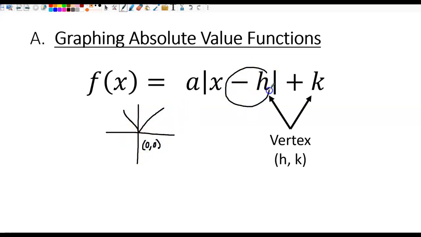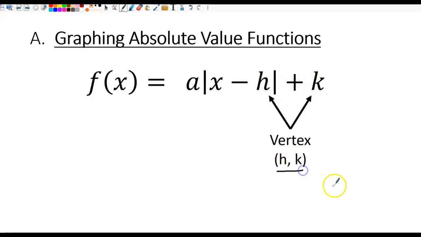But if you shift it left or right h units, and then up or down k units, your vertex becomes whatever the h and k were, because it started at 0. So if you put the h and the k together as a point, they make up your vertex.